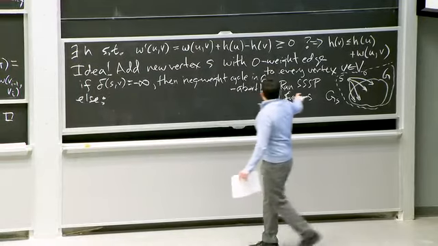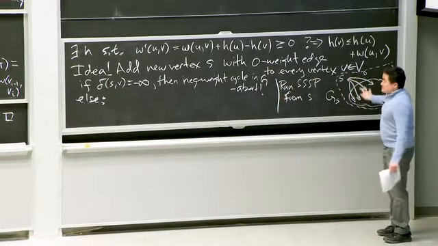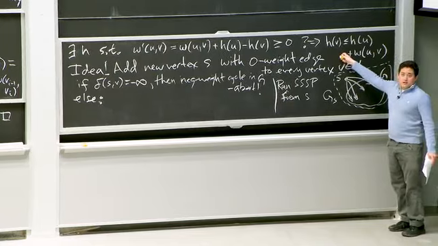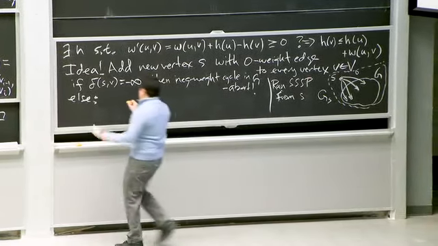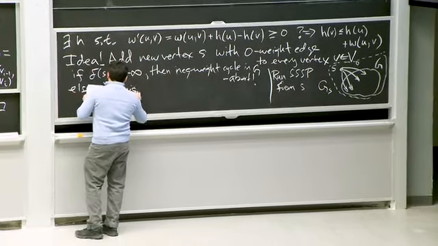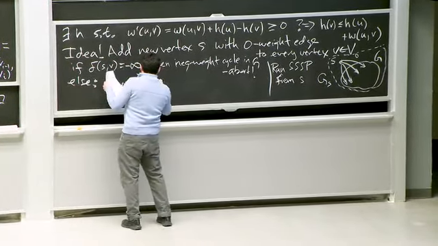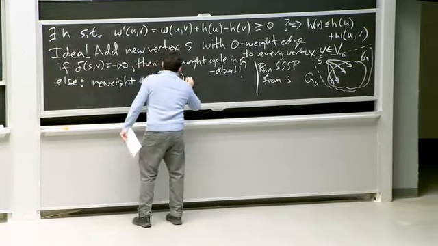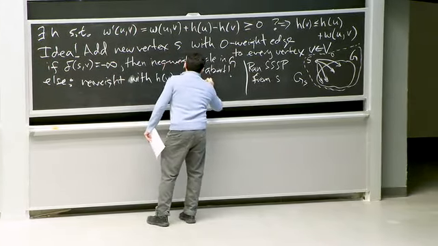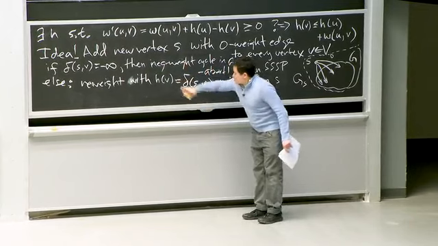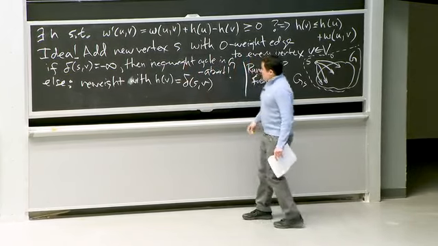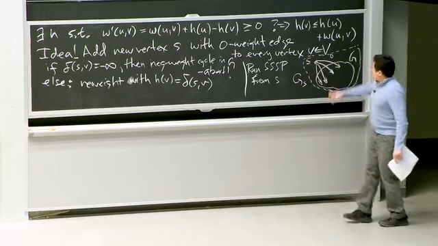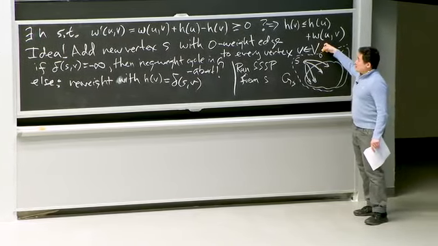what do I do? Well, I know these shortest path distances would satisfy the triangle inequality. So if I reweight with h of v equal to delta S of v, if we set our potentials in our reweighted graph to be the shortest path distance from our supernode S, it satisfies the triangle inequality.